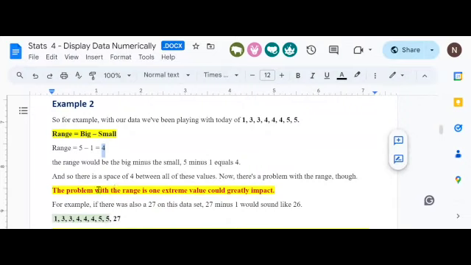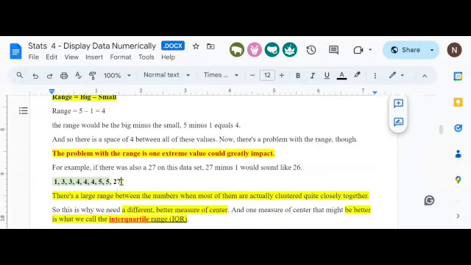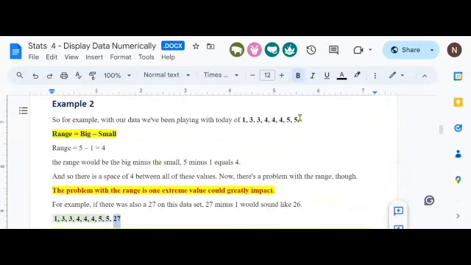The problem with range is one extreme value could greatly impact it. So if I added 27 to this set of data up here, what's going to happen? Is it going to affect the result or not? It will affect it. Is it going to be representative of the data? No, it's not going to be representative.